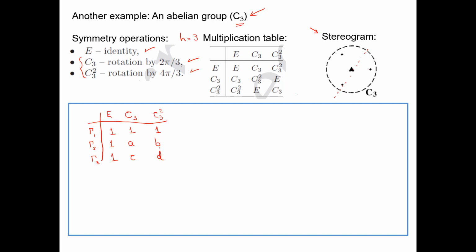If I use the orthogonality between this and this row, I get this equation: 1 plus A plus B must be equal to 0. And if I use the orthogonality between the first and the third row, I get another equation which is very similar to the first one: 1 plus C plus D equals 0.